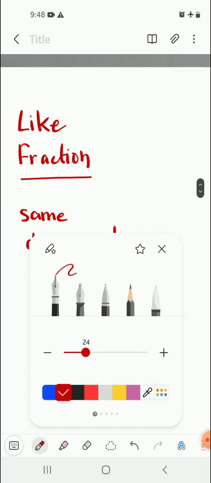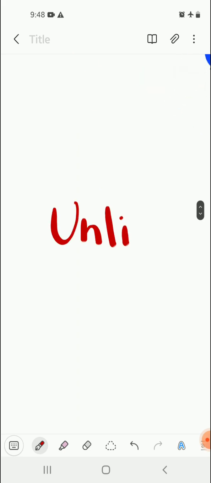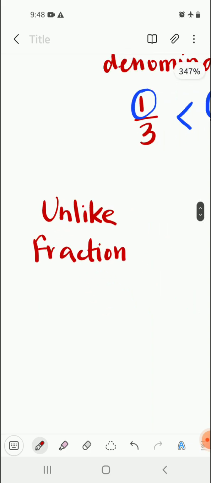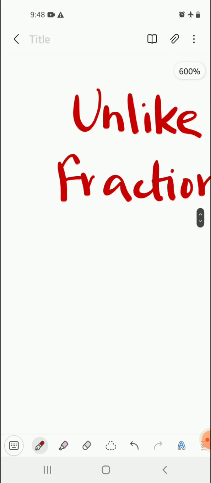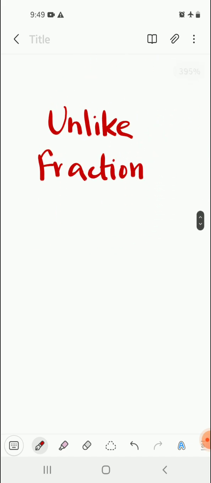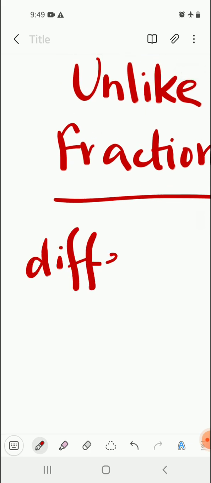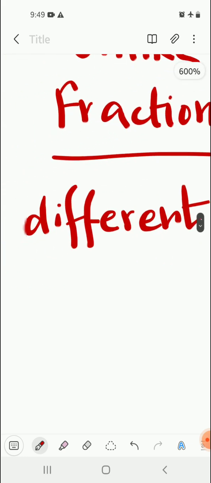Now in case we are given unlike fractions. We will group unlike fractions into two parts. First of all, what is an unlike fraction? A fraction that has different denominators, that is, the denominators are not the same, is known as an unlike fraction.